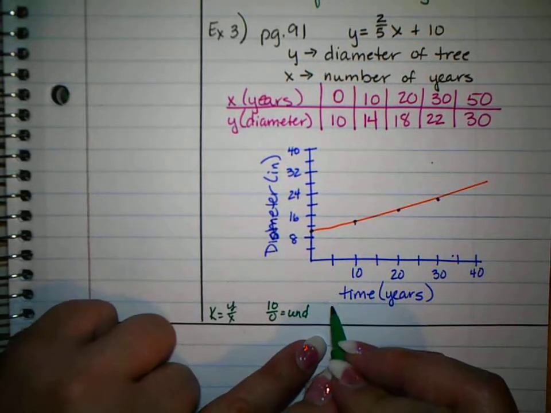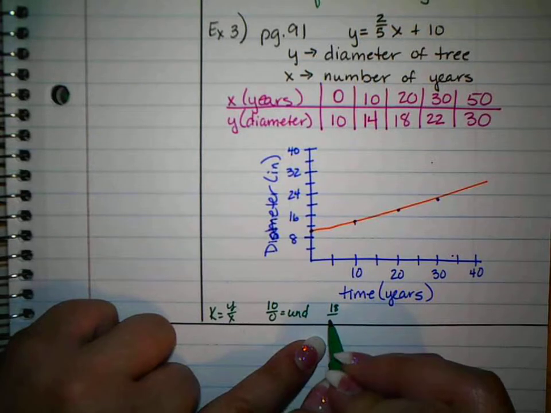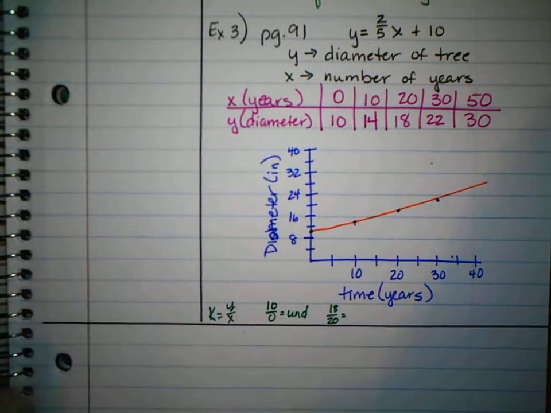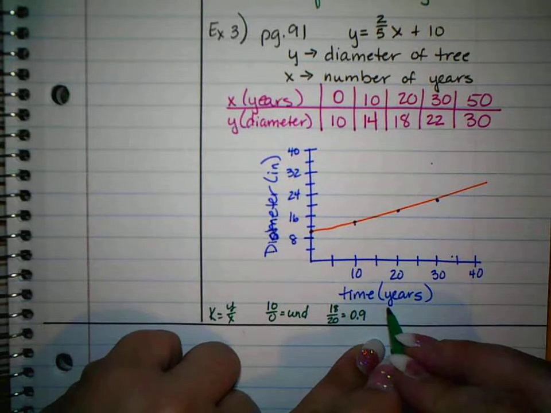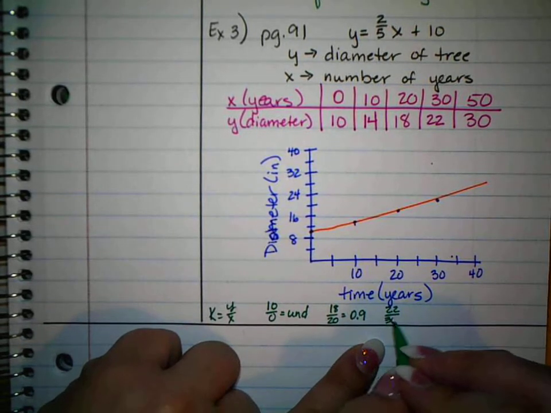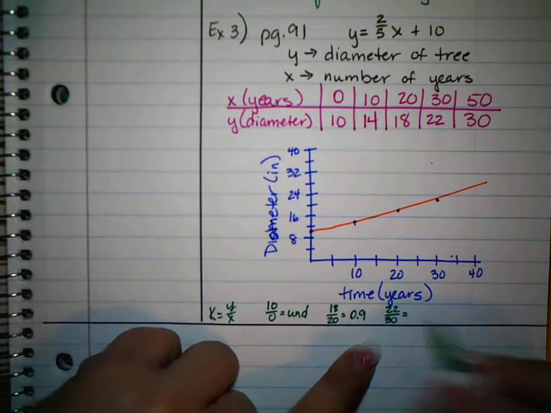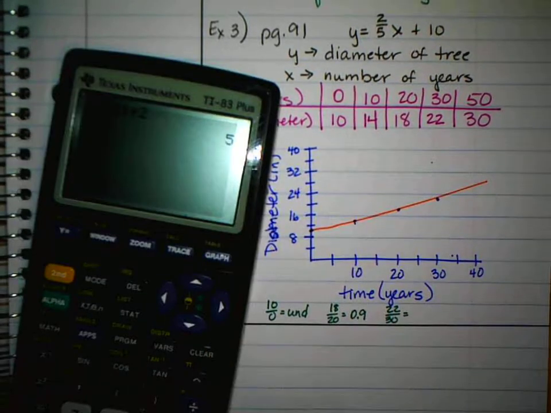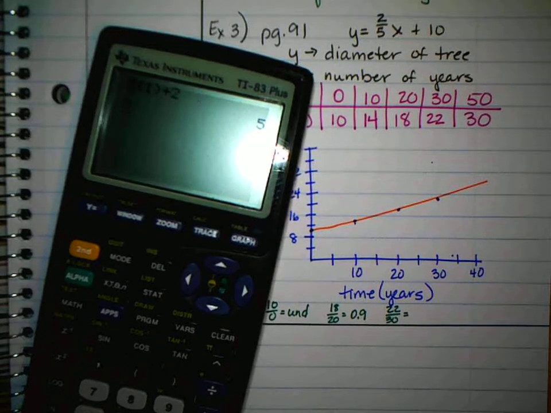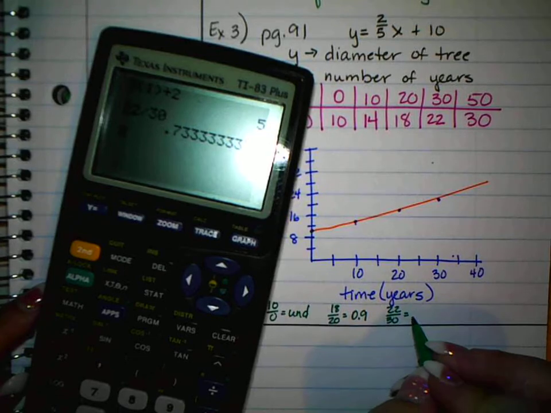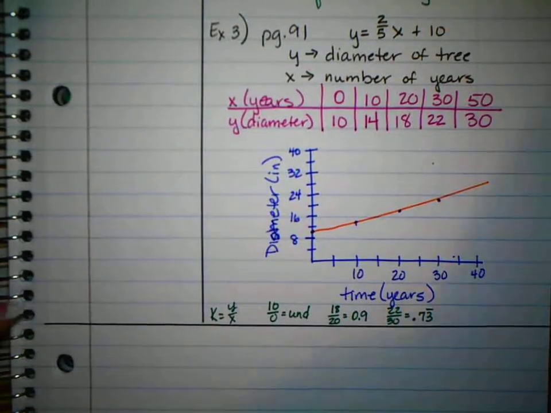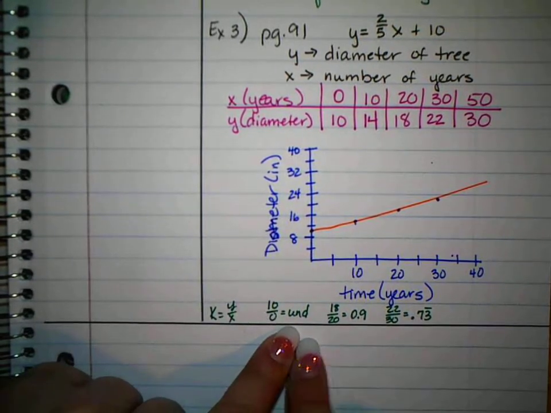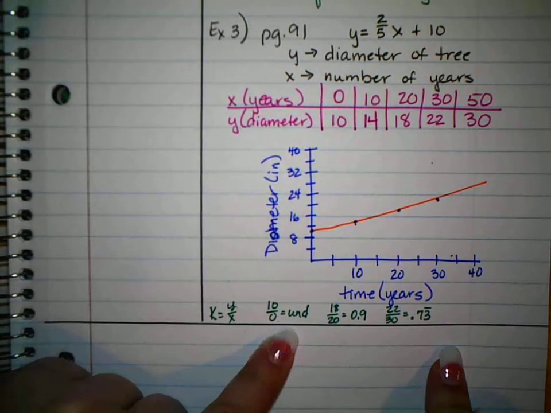Then I can do 18 over 20, which is 9/10, so that's 0.9. Then I can do 22 over 30, which I can't figure in my head, so I'm going to come to my calculator. 22 divided by 30, that's 0.73 with a repeating bar. You've got 3 right there. They're not the same, they're not constant, it's not proportional.